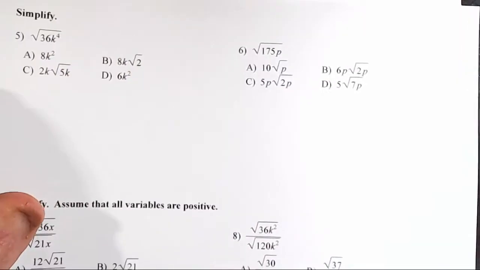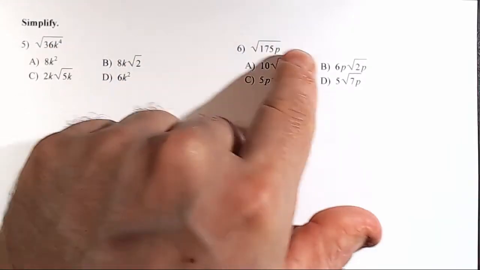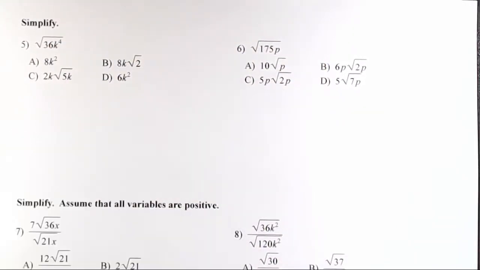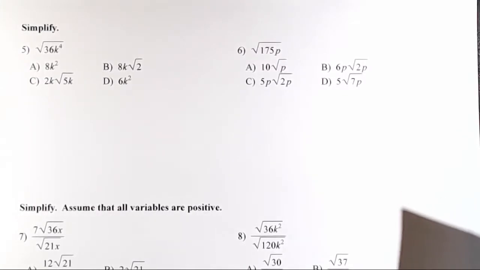I think we switch concepts now. We're going to simplify these radicals, just square roots. The process is almost identical, but there's some cool square root stuff we're going to learn. So I'll do number 5, and then y'all can do number 6.